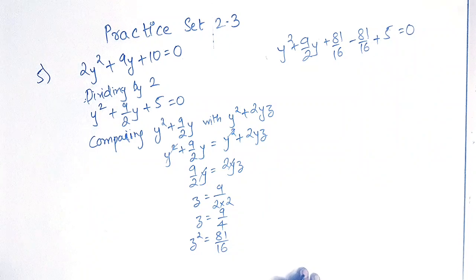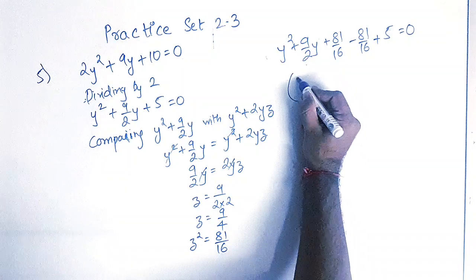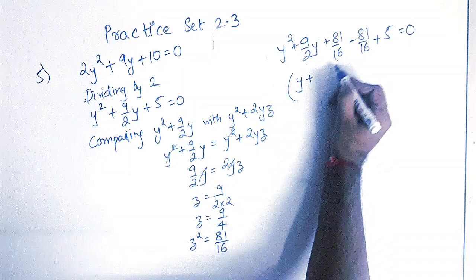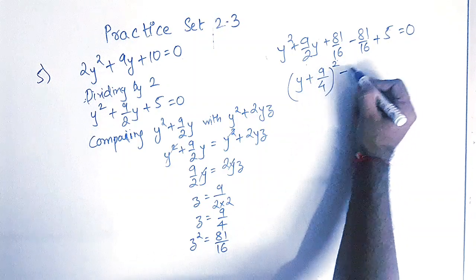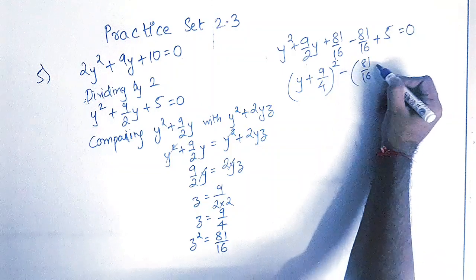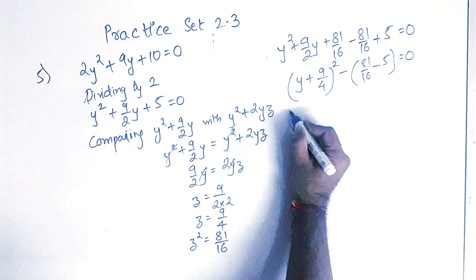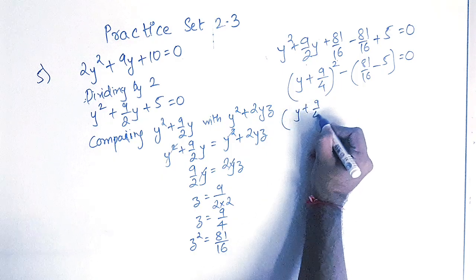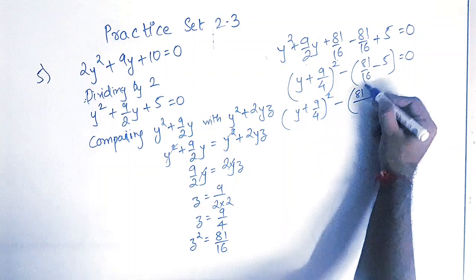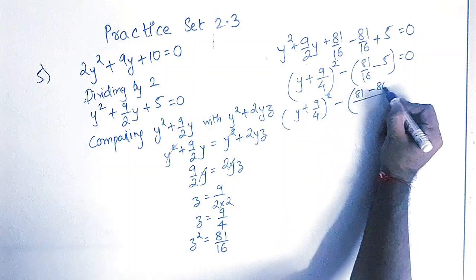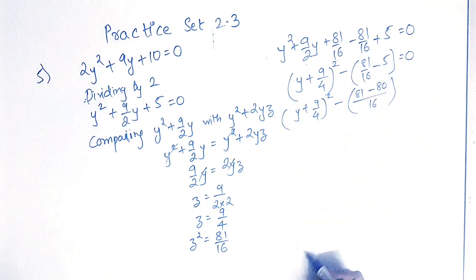Now this is a square plus 2ab plus b square, so I'll write y plus 9 by 4 the whole square, minus I'll take common here, so what remains inside is minus 5 equals 0. So this will be as it is, minus 81, this will become 16 5s are 80 and common denominator will be 16, cross multiplication.